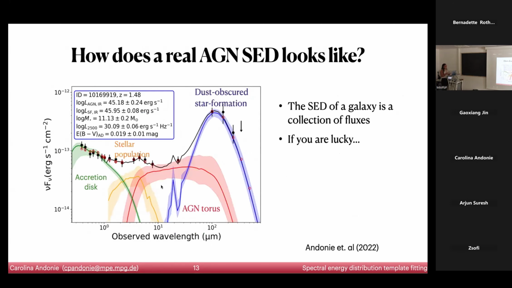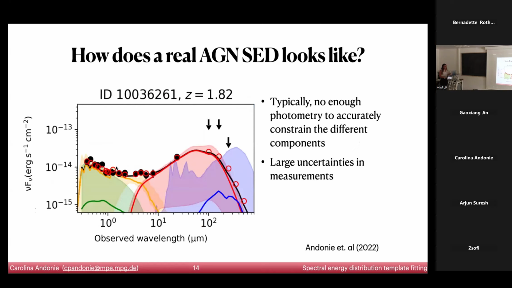So if we come back to how the AGN SED looks like, in a good case where we have a lot of data, we are able to have a very nice model of our galaxy, right? We can properly model the star formation, the torus, the accretion disk, etc. But in the majority of the cases, that is not the reality. In the majority of the cases, we just have upper limits. We don't have a lot of photometry, and we have huge uncertainties.